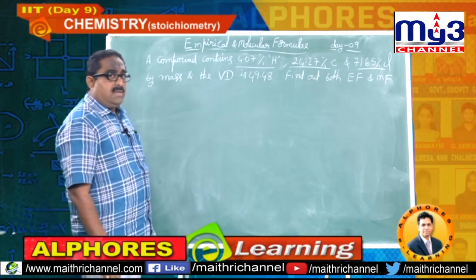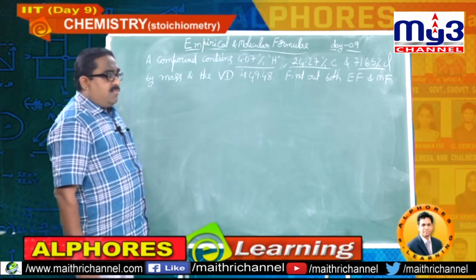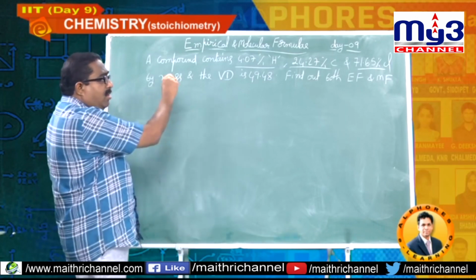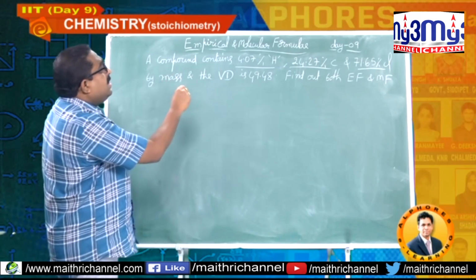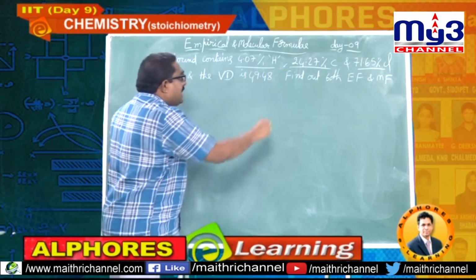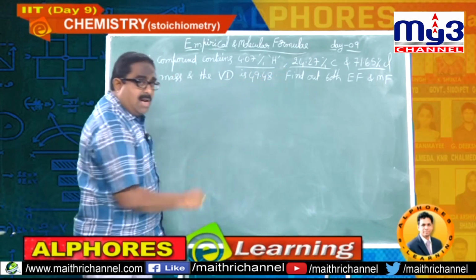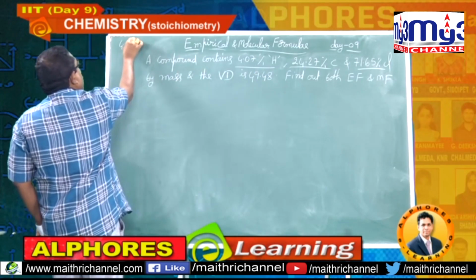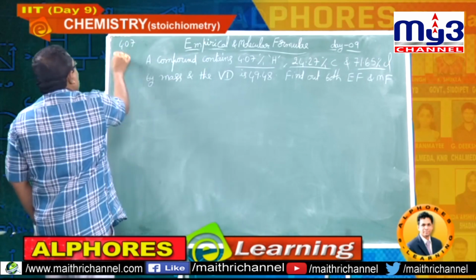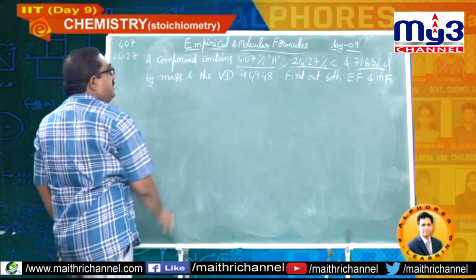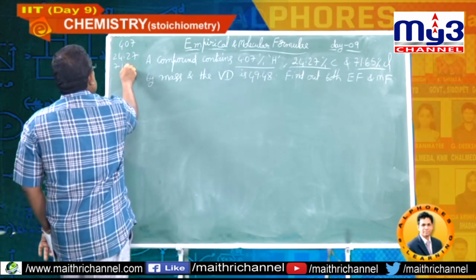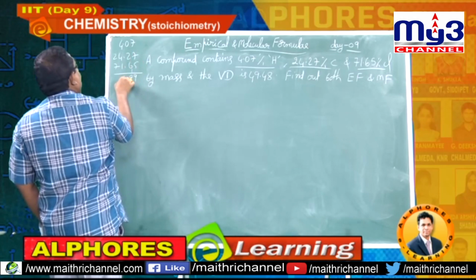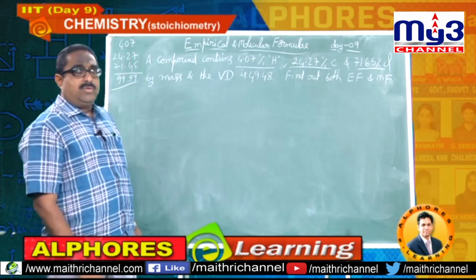See students, first of all, for this type of question, we should check whether the total percentage adds up to 100 or close to 100. Let me do it. 4.07 plus 24.27 and 71.65, that is almost 100, no problem students.